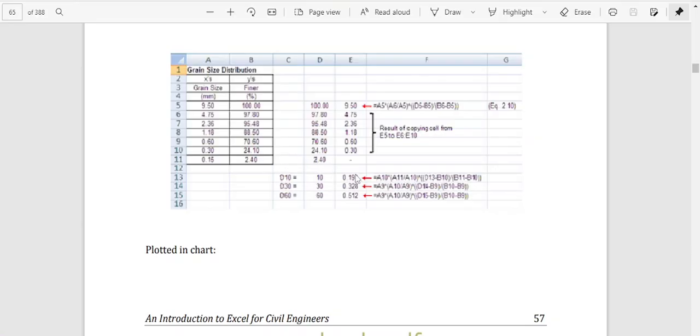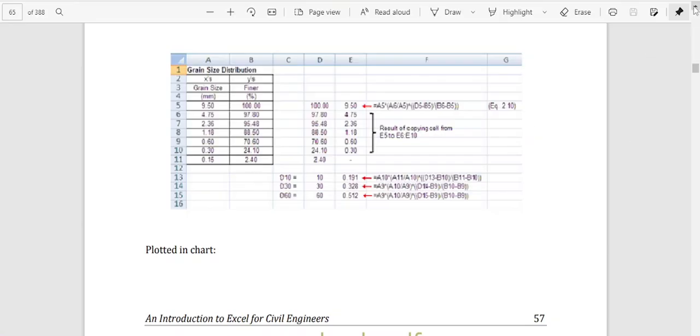So if you look at this place now, we have A10, which is your yi. Then you have A11, which is your yi plus 1.